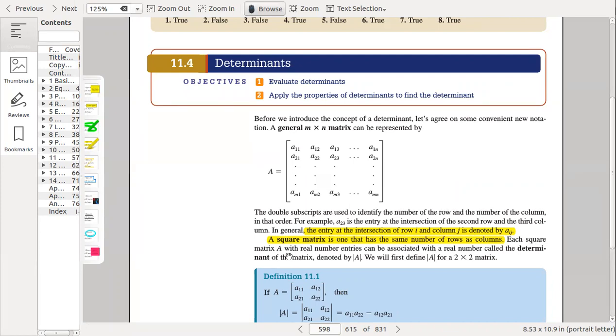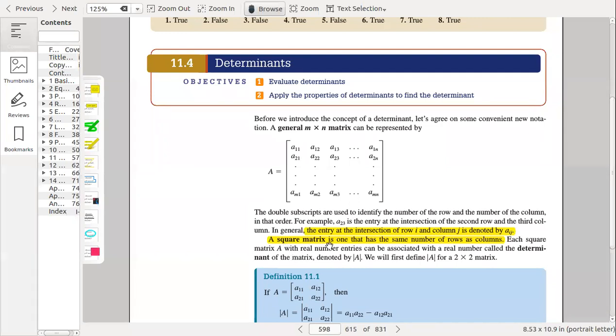Each square matrix A with real number entries can be associated with a real number called the determinant of the matrix. So every square matrix has a determinant, and the determinant is a real number.